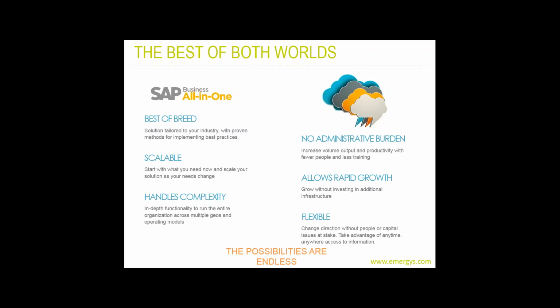It's flexible in the way it can be deployed, so it can be an on-premise solution. Emergis works with Amazon and some other hosting companies to host it. We also finance over a 5-year time frame, and you can own it when you're done and just end up paying the maintenance, but you can make payments over the 5 years. So it's not just that the software is really flexible, the implementation and what Emergis can do for you becomes really flexible as well.